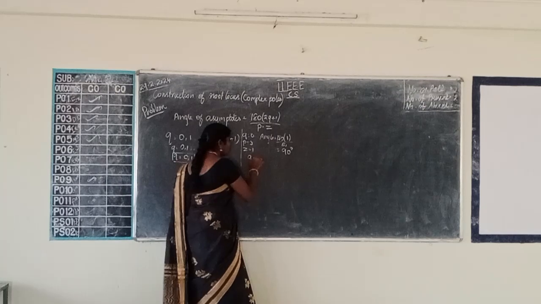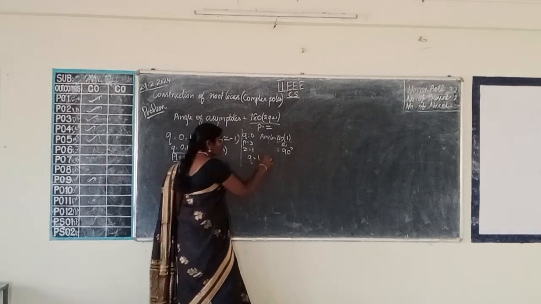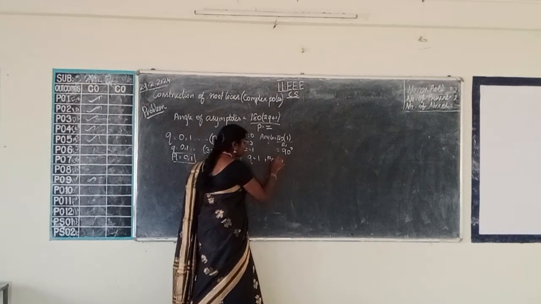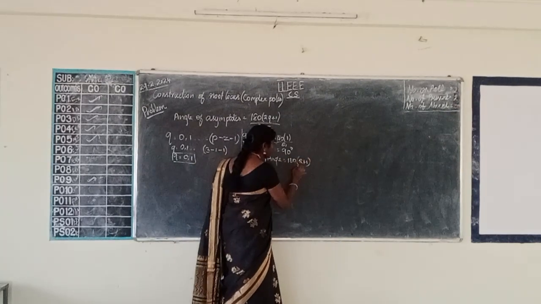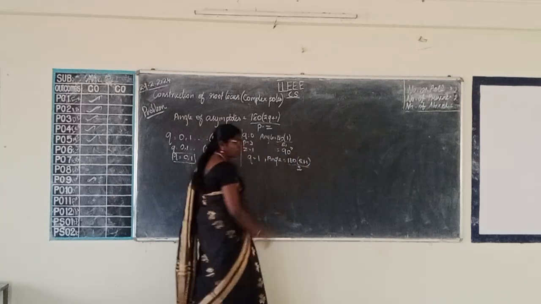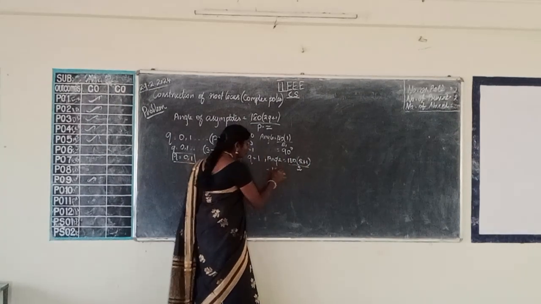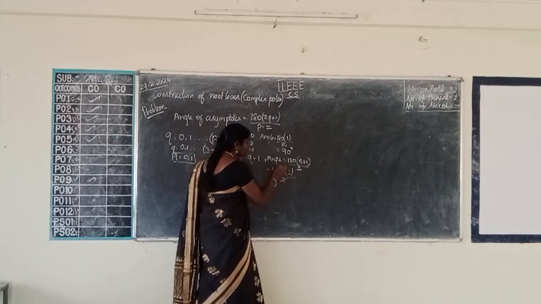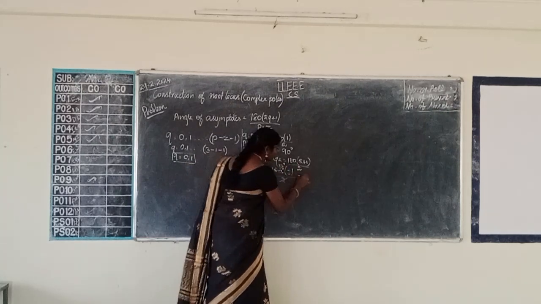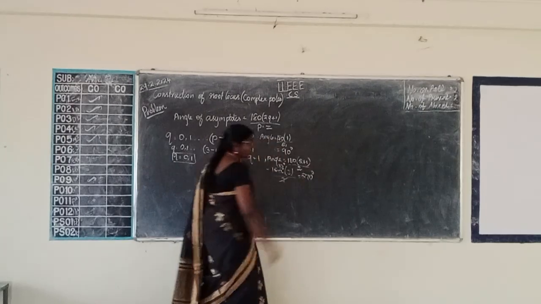When q is 1, the angle is 180 into (2 plus 1) divided by (3 minus 1), which is 180 into 3 by 2. Cancelling, it becomes 90 degrees into 3, that is 270 degrees.